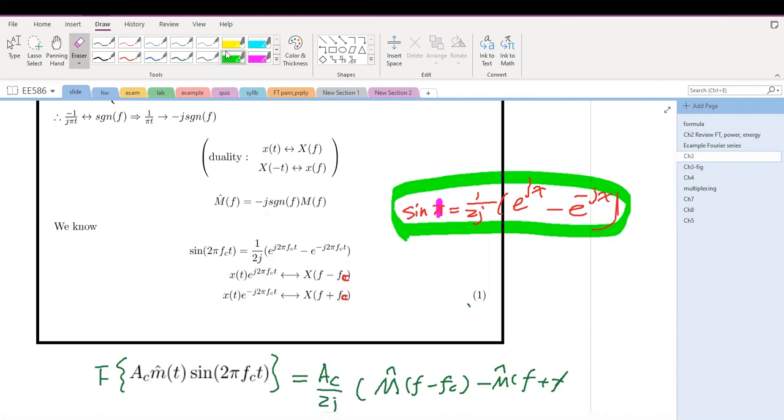Pay attention, this is the amount fc, and this is fc. If we multiply the time domain by e to the power minus j 2 pi fc t, really here this is e to the power j 2 pi minus fc t, the spectrum shifts to minus fc.